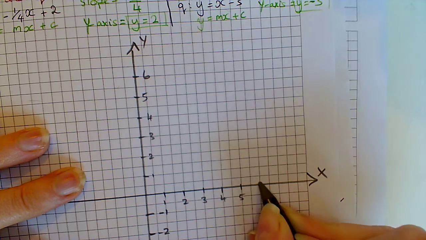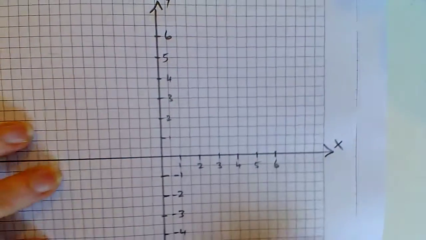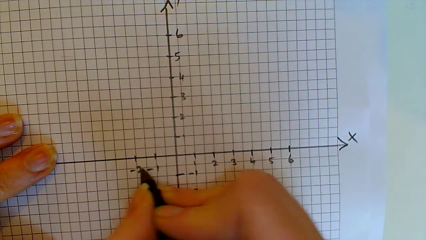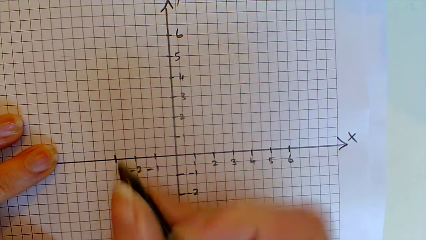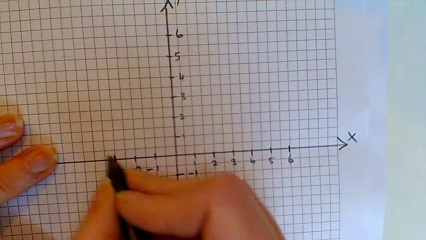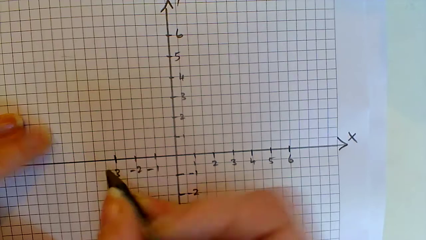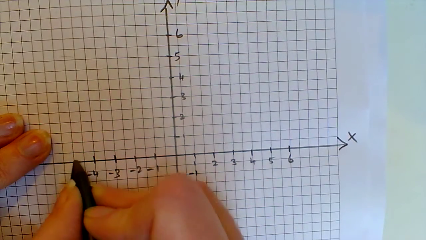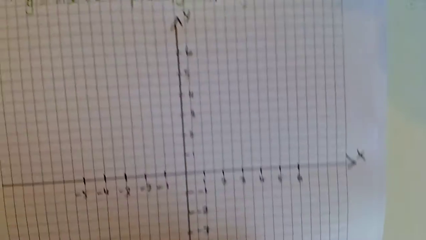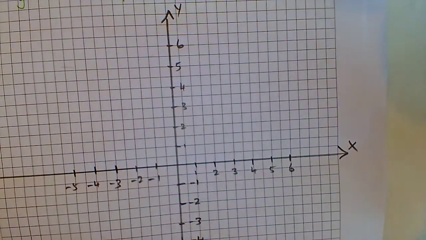Remember, your coordinates should be right on the intersection points of the boxes. So there's my x and y axes drawn in.